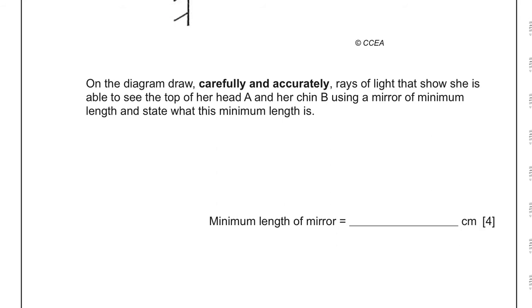So by looking at the diagram, we can tell that we're going to have to add the two middle bits together, the 5 and the 6. So the minimum length is going to be 5 plus 6, which is where we get our 11 centimeters from. And that's that.